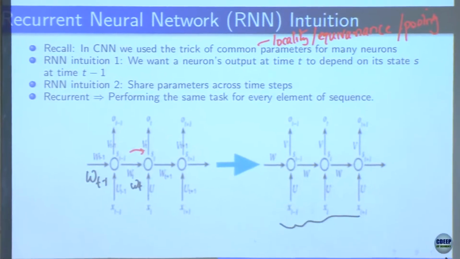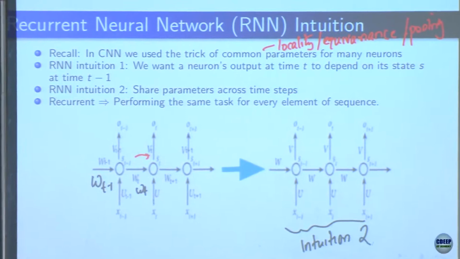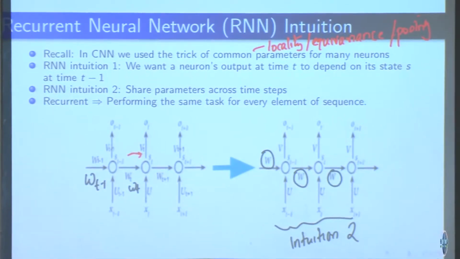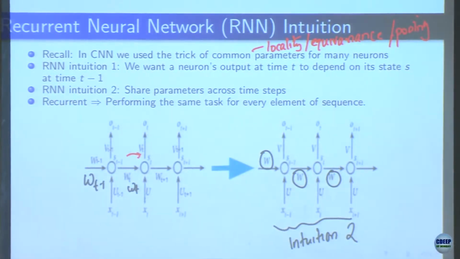But in the parameter sharing, the intuition 2, with that, the W's all become W. I mean a weight vector, but the same W across time steps. So that's the recurrent nature here of the task. What are we doing? We are basically performing the same task for every element of the sequence, the same hidden state behavior, not the same hidden state.